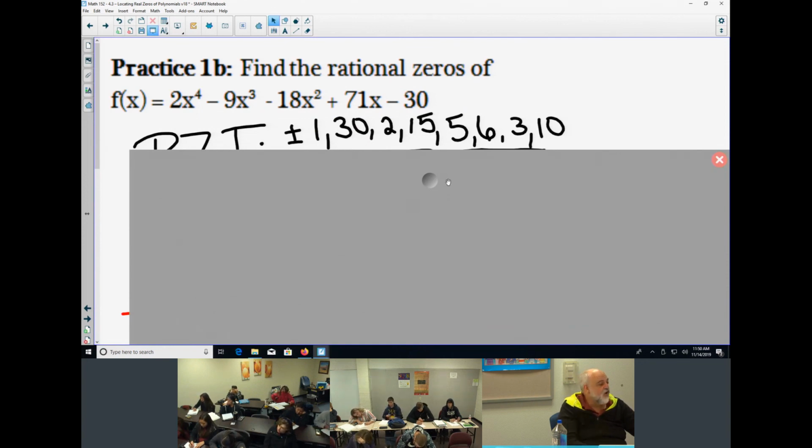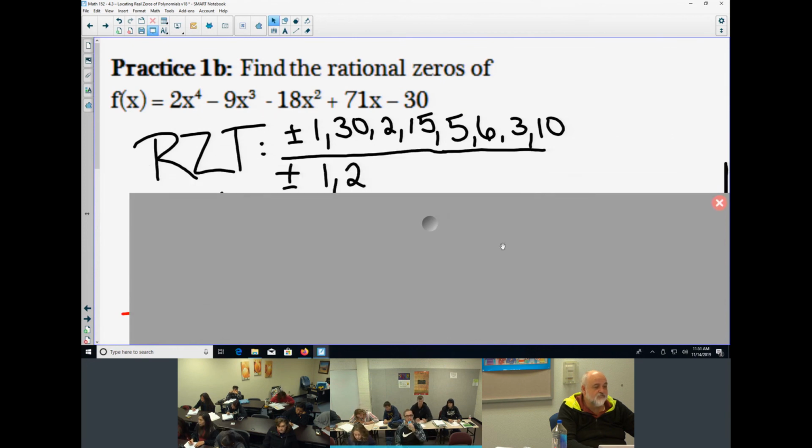Okay, now, what are the factors of the leading coefficient? One and two. Just 1 and 2, okay? All right, now, let's see if you can simplify that answer. So put them together, which is 1 plus or minus in front, and then parentheses, and then simplify all those.